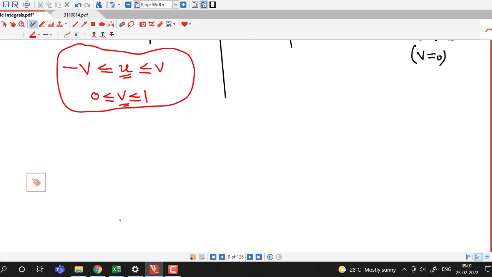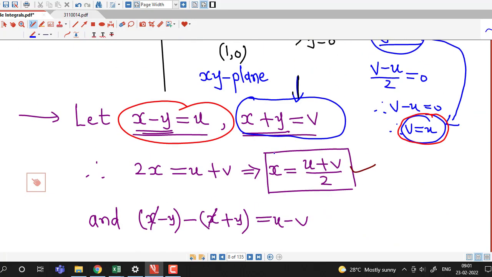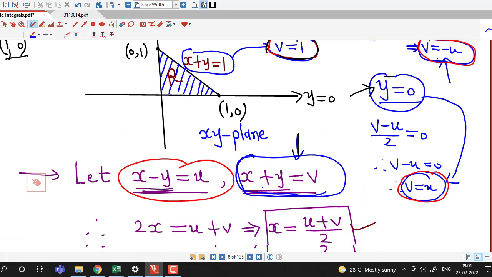Now we apply the change of variables formula. So our integral in the xy plane was e raised to x minus y divided by x plus y dA over R. So this we are now converting in terms of u and v. So we replace x minus y by u, x plus y by v. That was the transformation which we have selected. x minus y equal to u, x plus y equal to v.